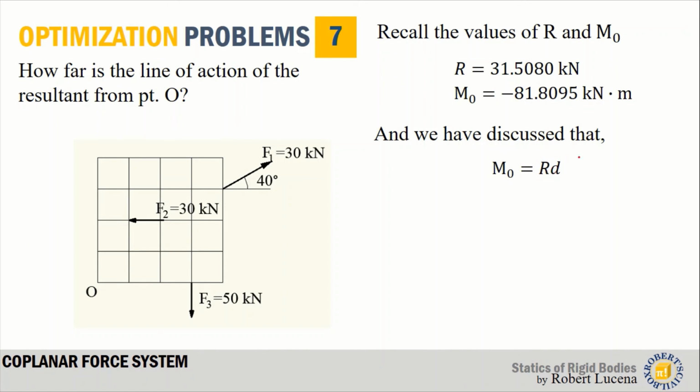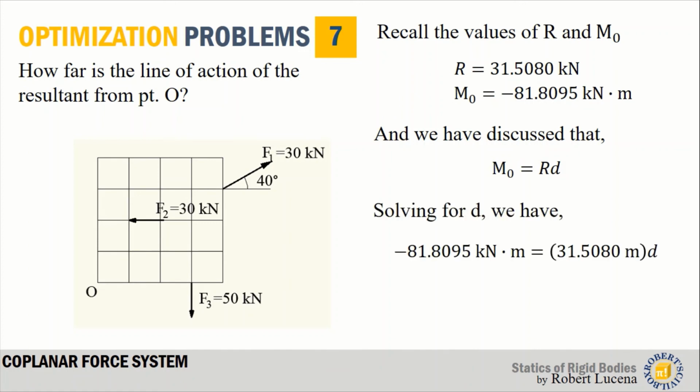Now, D will tell you how far the resultant is from point O. So from this equation and substituting all the known data, let's substitute MO to the equation and substitute R to the equation.